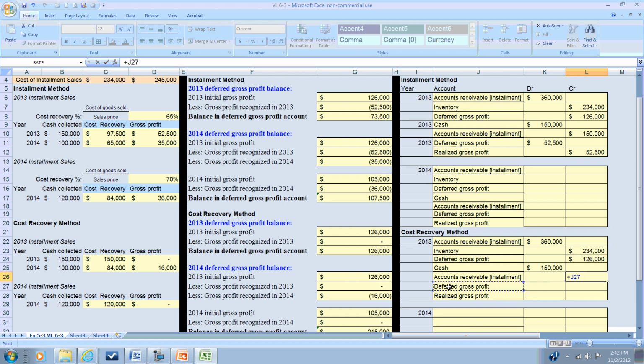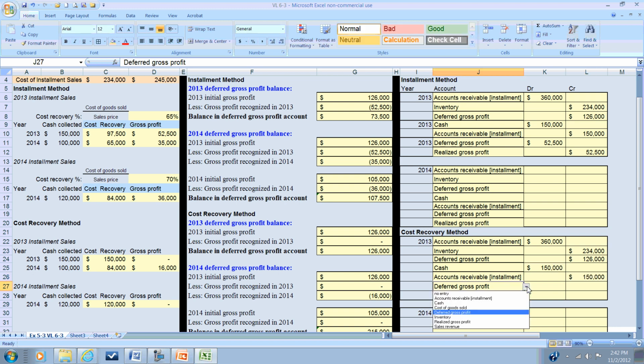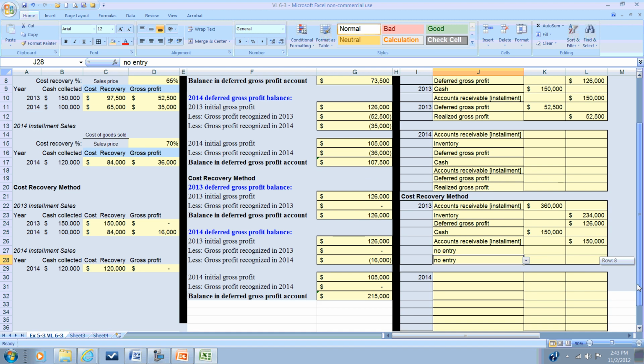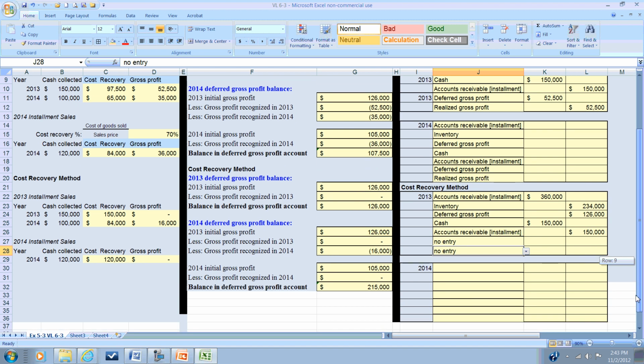Well, since we did not recognize any gross profit, we would not make an entry involving the realization of any deferred gross profit. That's going to have to be postponed till the subsequent year.